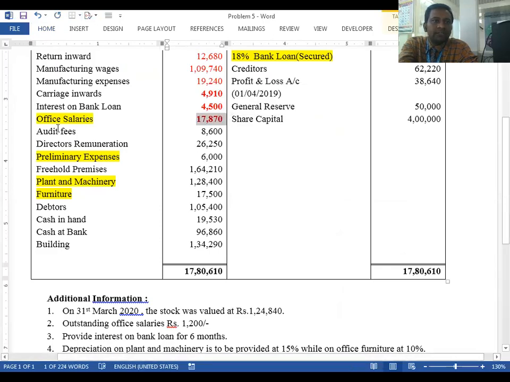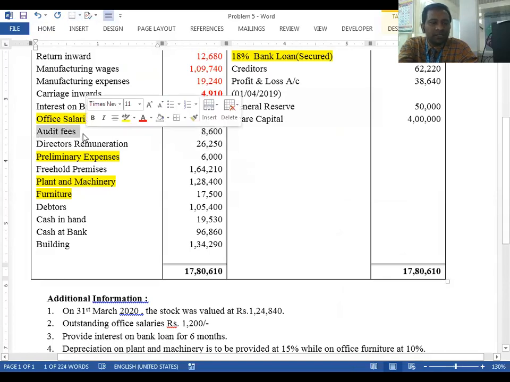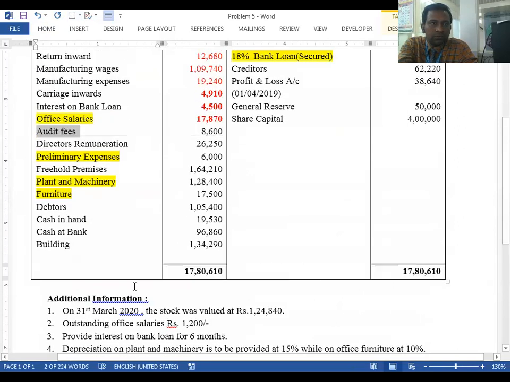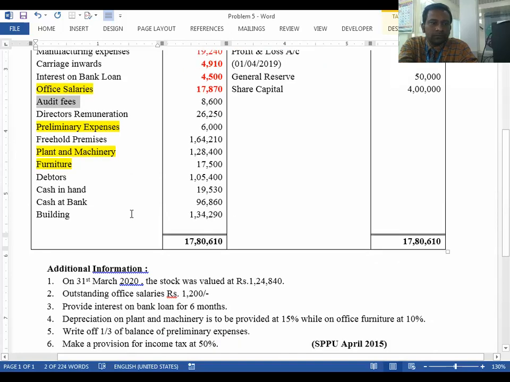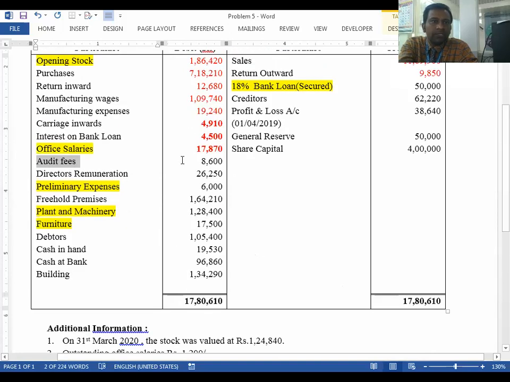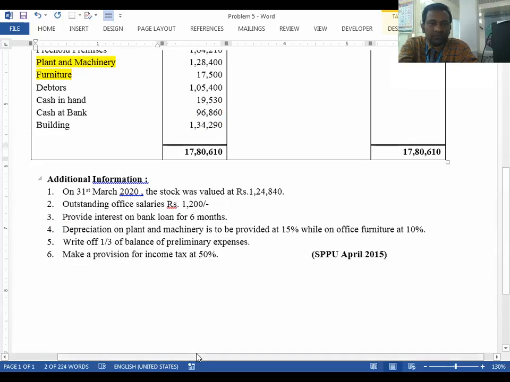Then audit fees. Audit fees is related to the other expenses. Audit fees 8,600. See, any adjustment related to the audit fees? No. 8,600 audit fees.